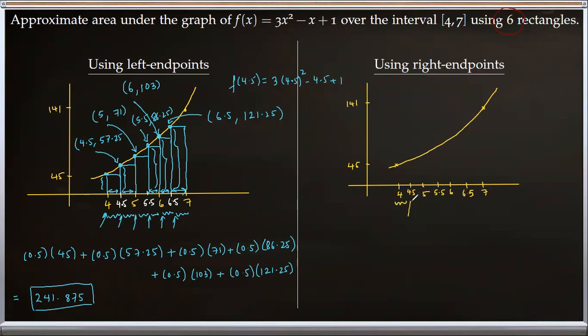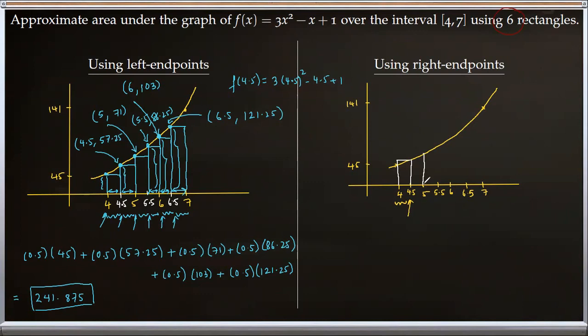So for the first sub-interval, the right endpoint is 4.5, so we draw a rectangle with height at 4.5 up to the curve. For the second sub-interval, we again look at the right endpoint, which is 5.